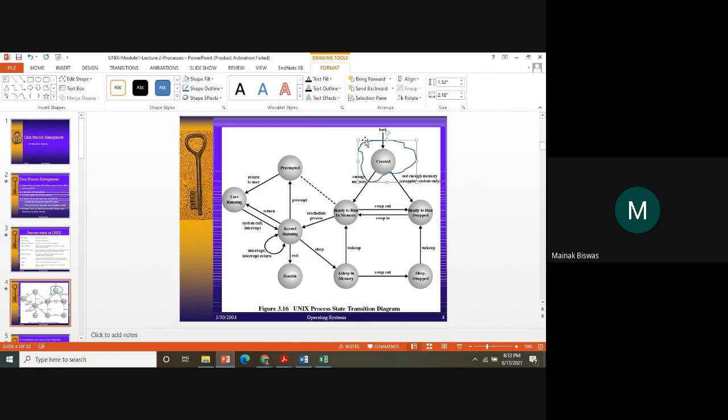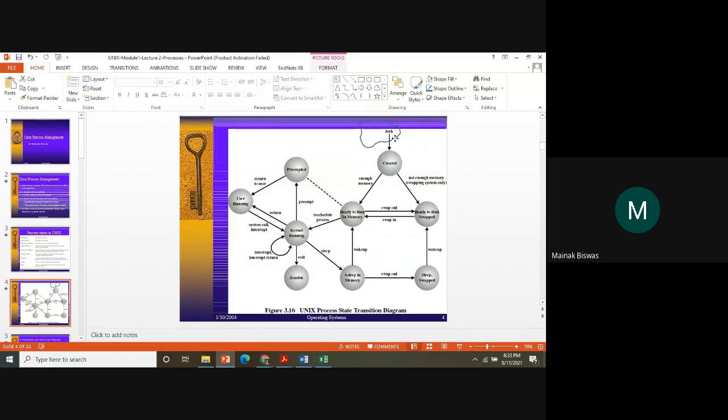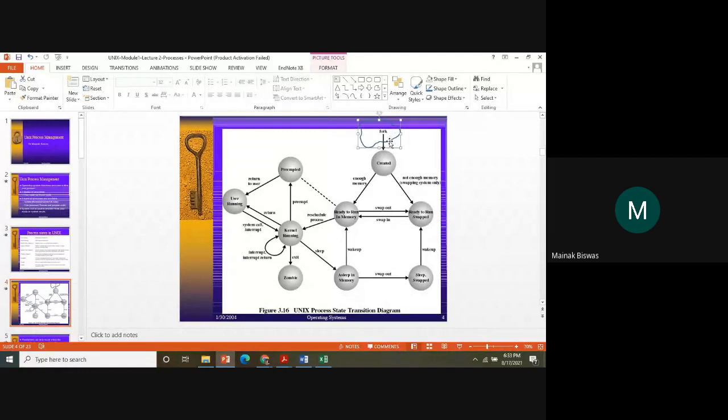Another process that is created by you is actually created by the Unix operating system for you using the fork system call. The fork system call creates the child process for your parent process.